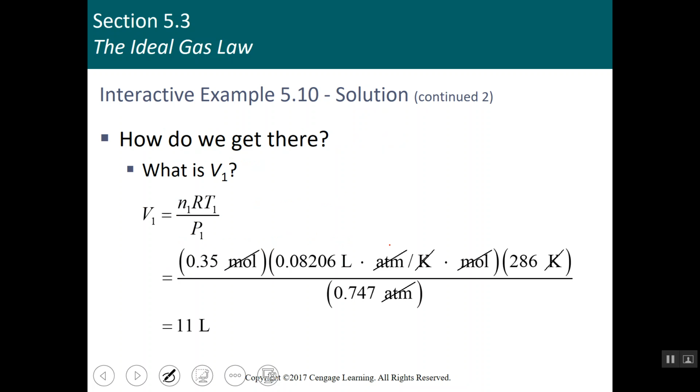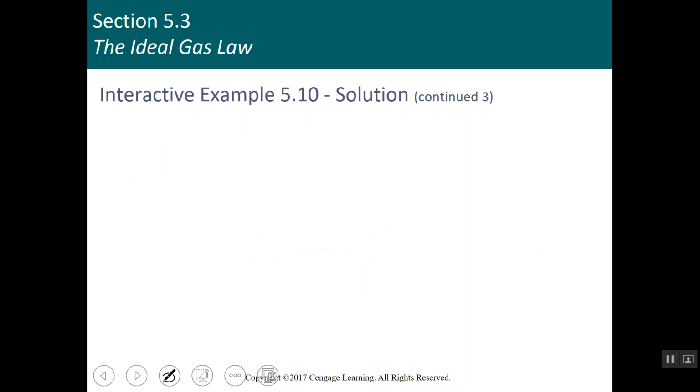So first we're going to solve for V1 by using the ideal gas law. And so pressure times volume equals nRT, or as the Chem 2 students often say, PVnRT. Moles, there's our universal gas constant, temperature in Kelvin, and then that's the pressure in atmospheres. So this is the initial conditions. We end up with having an initial volume of 11 liters.